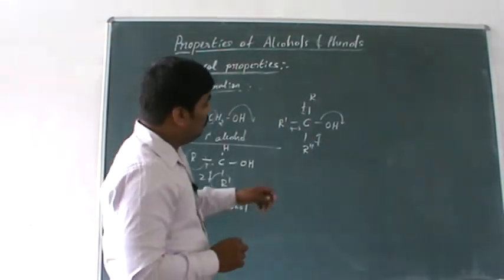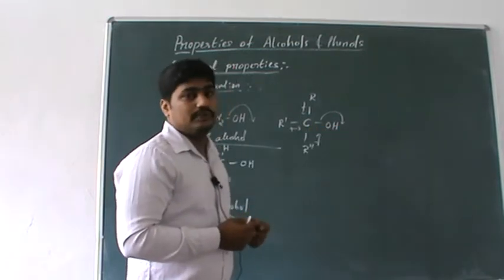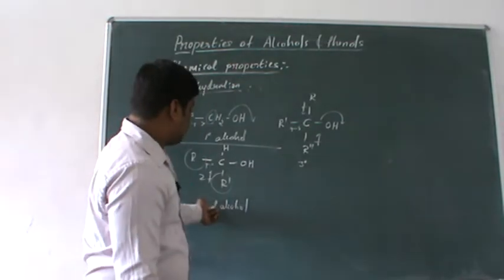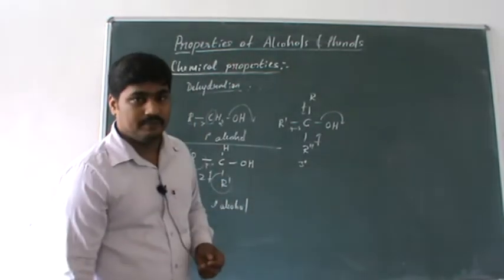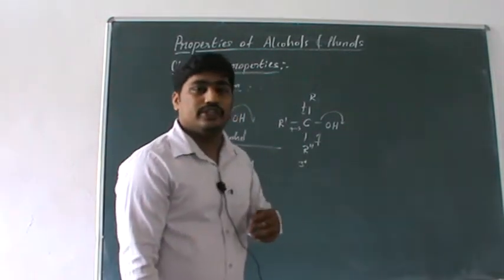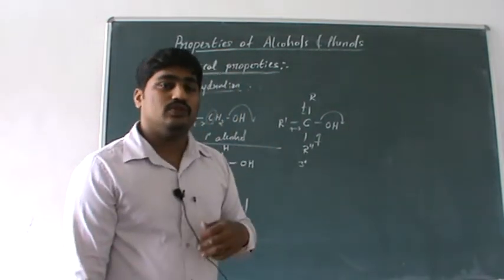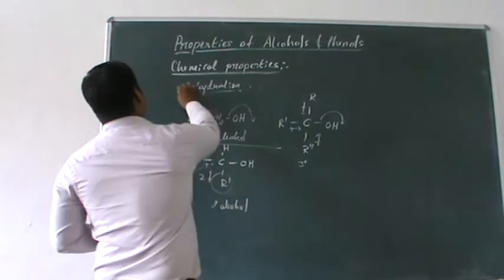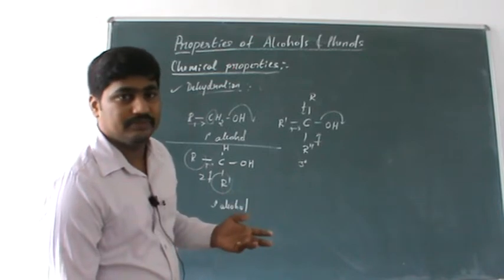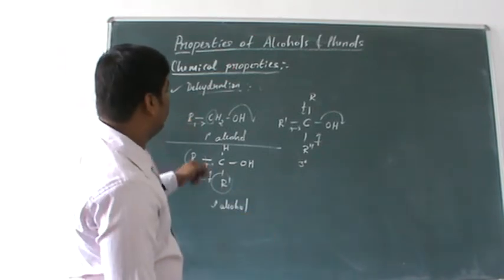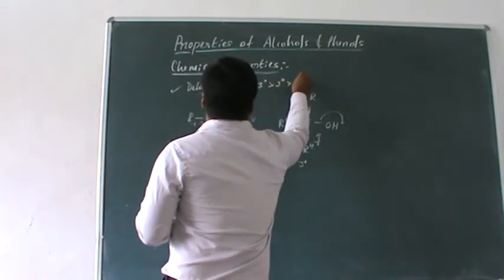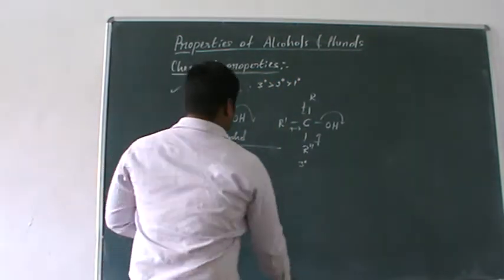The tendency of leaving the OH group is more in tertiary alcohol, then secondary, then primary. Where there is more tendency of leaving the OH group, that alcohol shows more tendency of dehydration. The conclusion is that the order of dehydration is tertiary, then secondary, then primary alcohols.